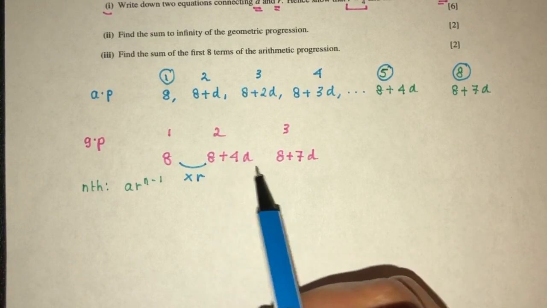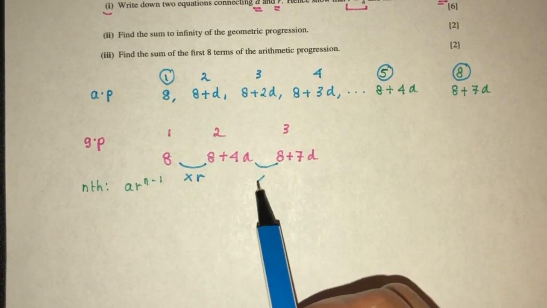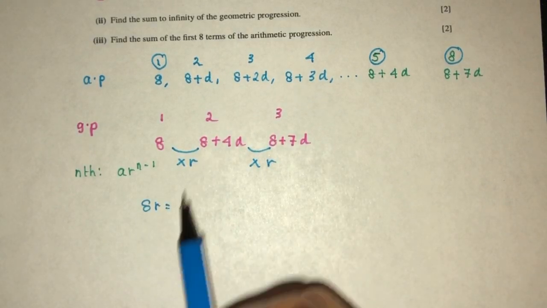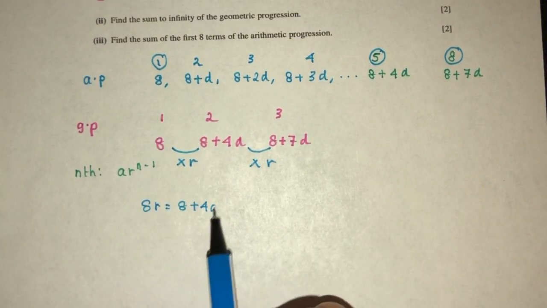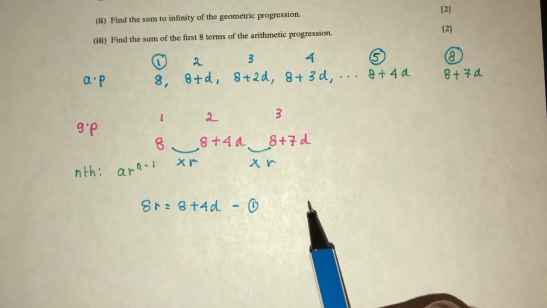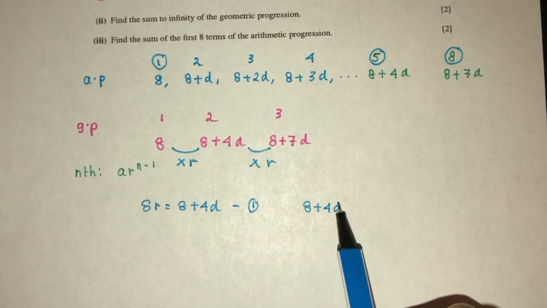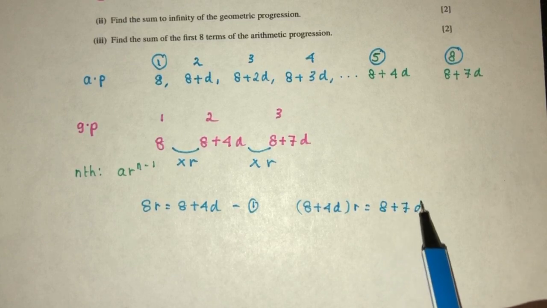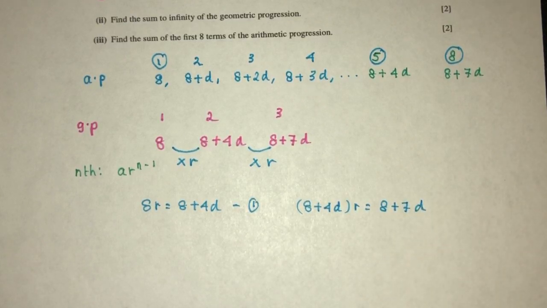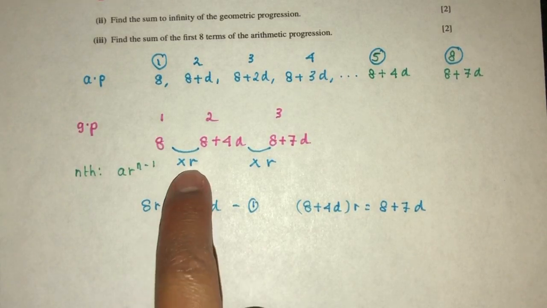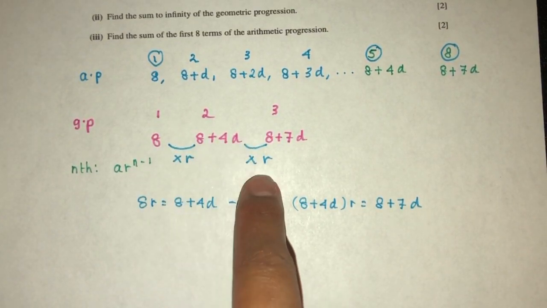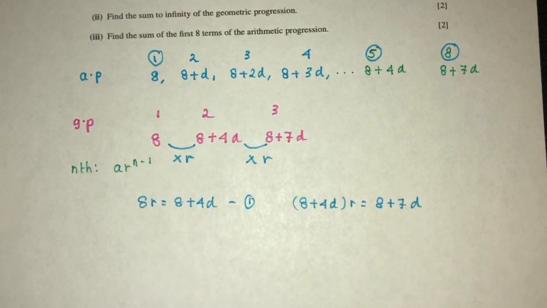And from the second term, how do you get to the third term? You multiply by r. So if 8 times r has to be this one, that is my first equation. And if I take this one and multiply by r, I'm supposed to get the third term. That's how a GP works, right? Every term we multiply by the same thing to get the next one. That's why it's called the common ratio.